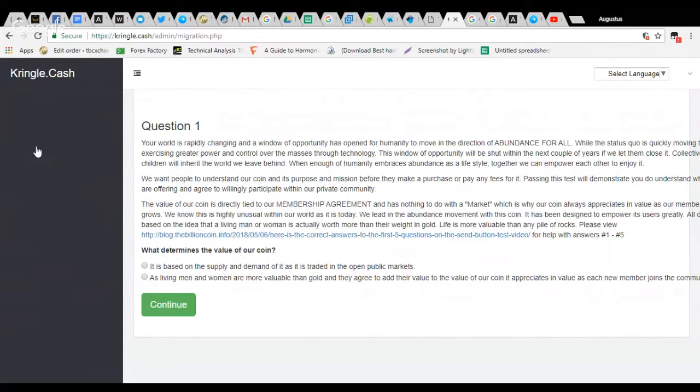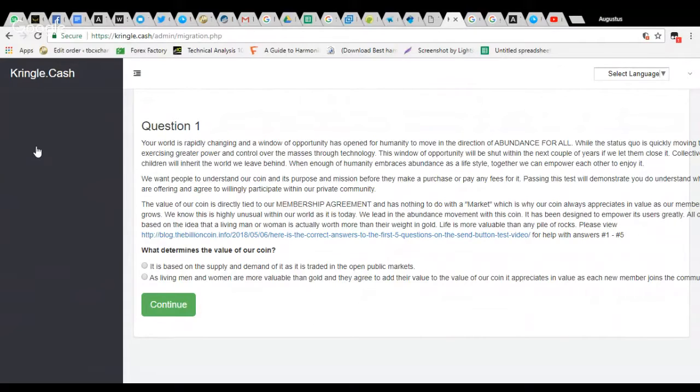We know this is highly unusual within our world, as today we lead in the abundance movement with this coin. It has been designed to empower its users greatly. All is based on the idea that a living man or woman is actually worth more than their weight in gold. Life is more valuable than any pile of rock.